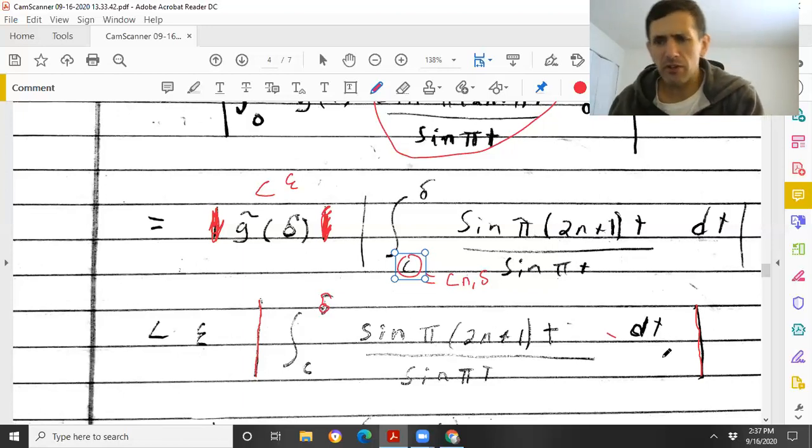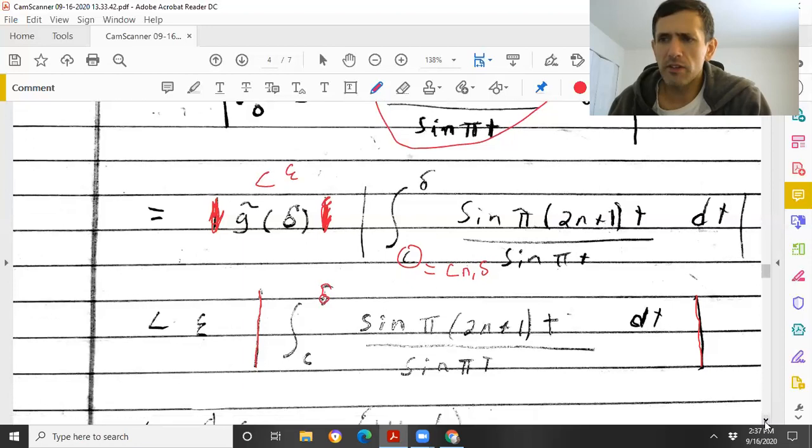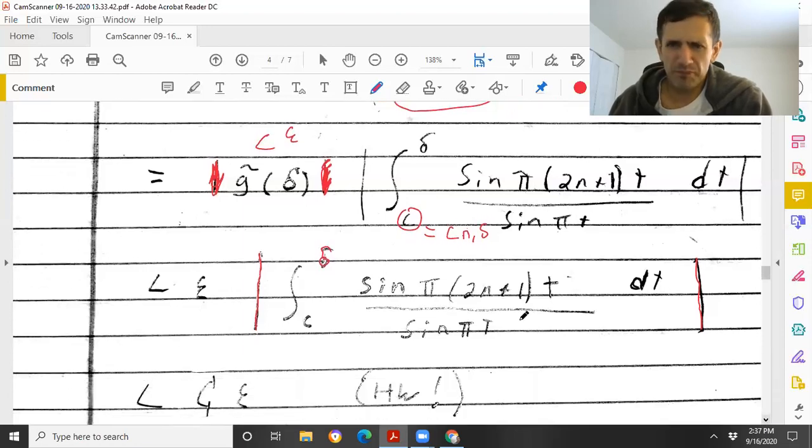And in particular, even though C depends on n and delta, you can prove that you can take the supremum of all C and all delta between 0 and 1, and this integral is still going to be bounded. Okay? So you get a bound independent of n and independent of delta.